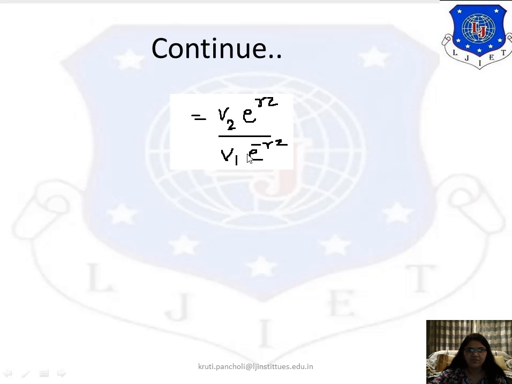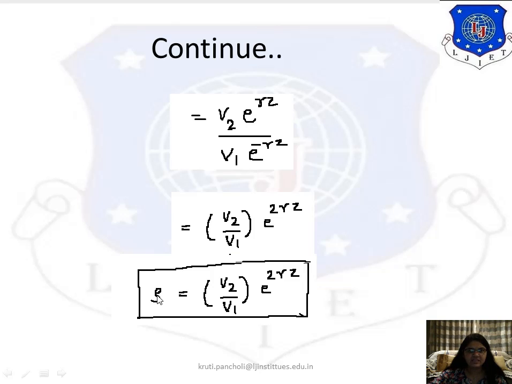The reflected wave is V2 e raised to gamma Z and the incident wave is V1 e raised to minus gamma Z. So I can write it as V2 by V1 e raised to gamma Z plus gamma Z, so it is 2 gamma Z. So the reflection coefficient rho is equal to V2 by V1 e raised to 2 gamma Z. This shows the magnitude of the reflection coefficient and it shows the phase.